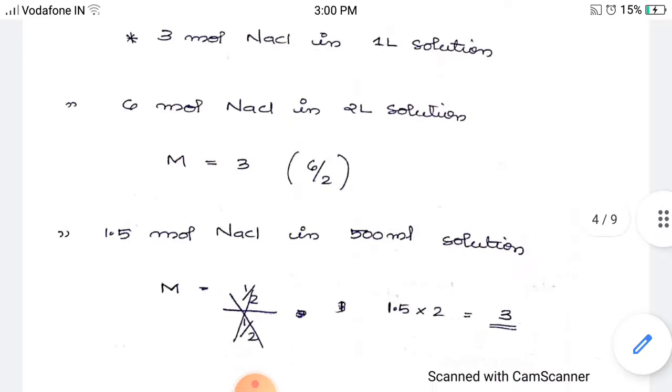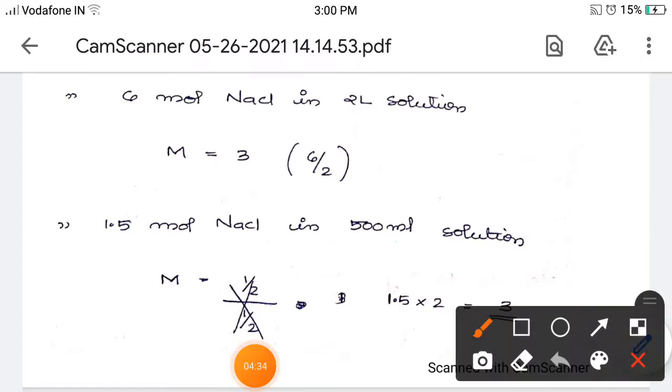And what about 1.5 moles of NaCl in 500 ml?